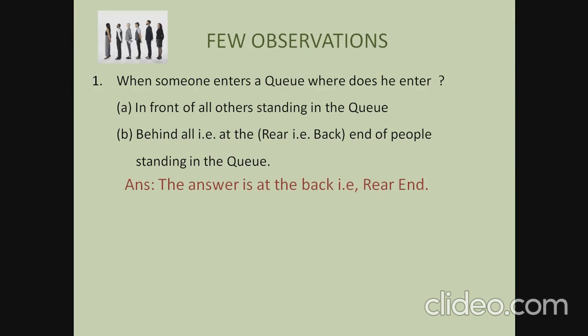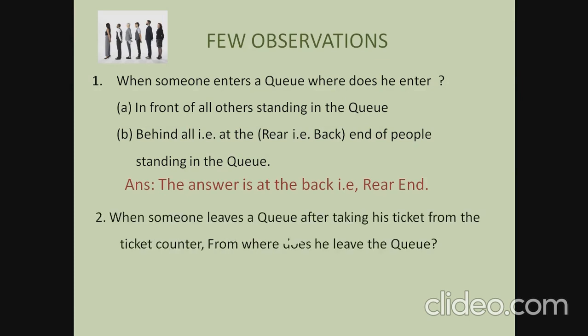Now, if somebody wants to leave the queue, normally he would leave the queue after taking the ticket. Now, who has the highest probability to take the ticket? Obviously, the person who is at the front. So if you are asked, who is going to leave the counter first?